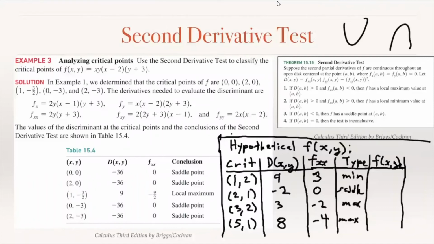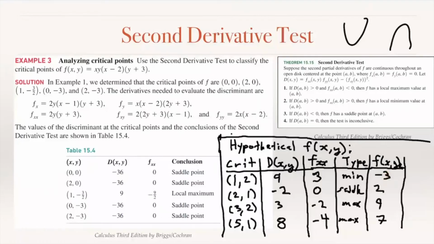Suppose that the question asked us, what are the absolute minima and maxima? Then we could take our various critical points and plug them back into the original function. Suppose that we get, say, minus 3, 2, 9, 7 as the outputs when plugged into f of xy.